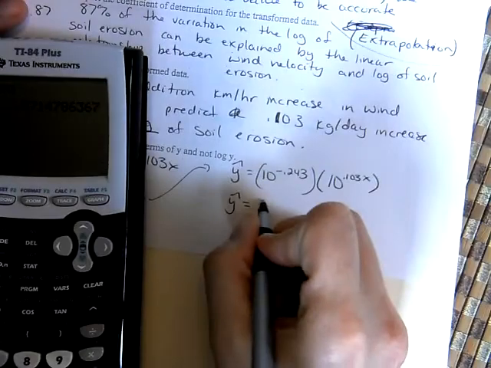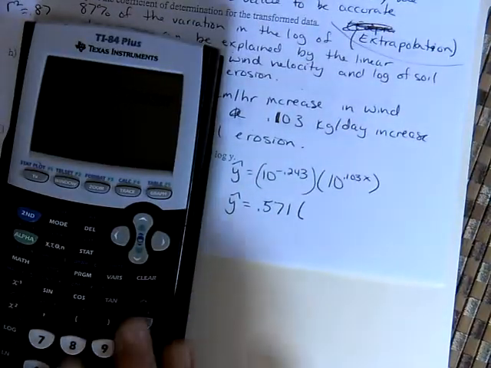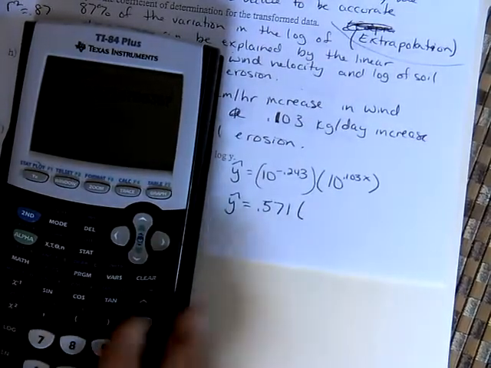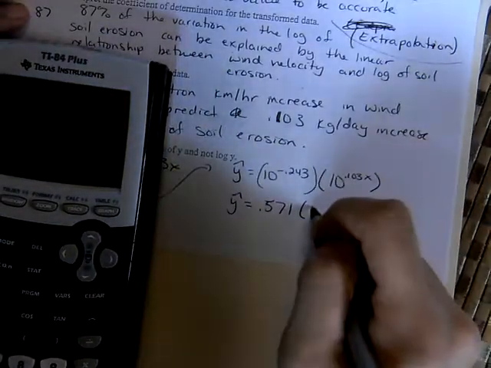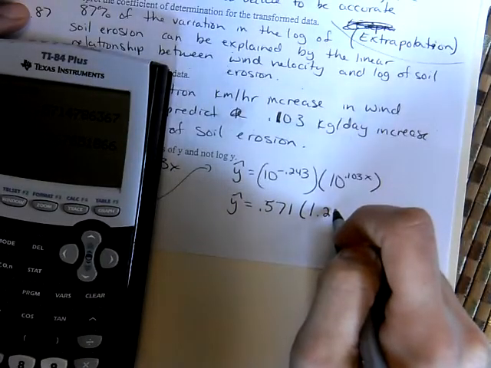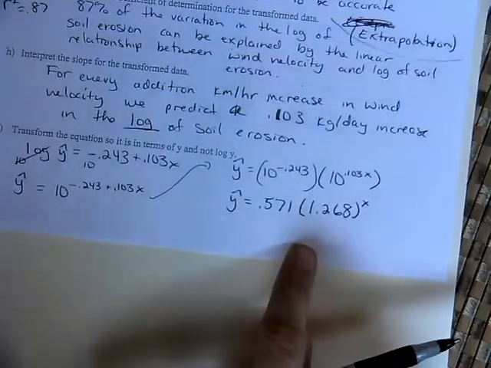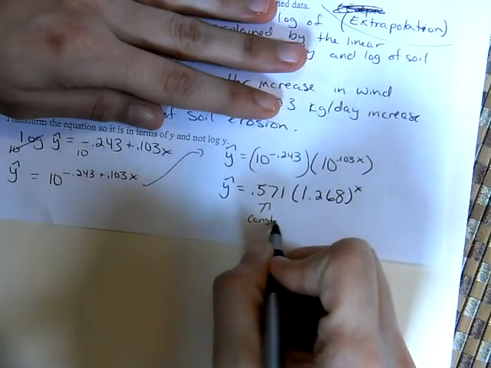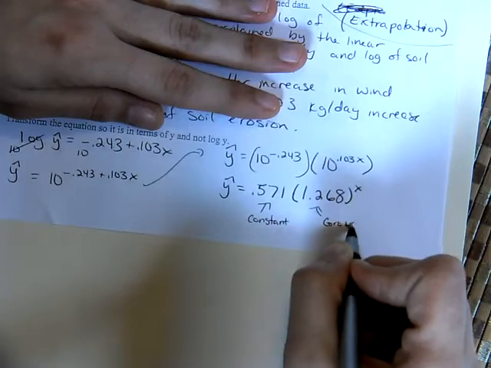So y hat equals 0.571 times, there's another number, 1.268 to the x power. So there's my exponential equation. Here's my constant, and there's my growth factor.